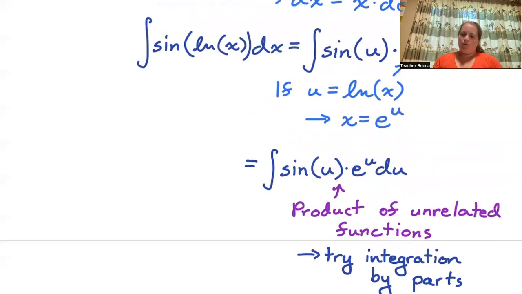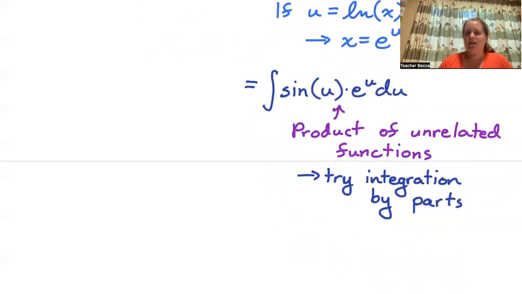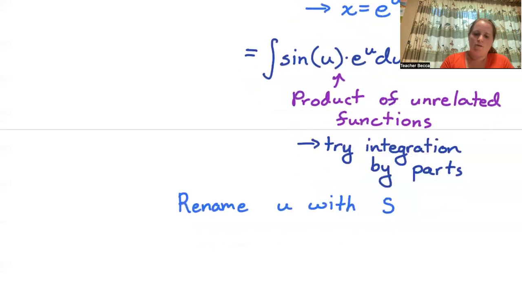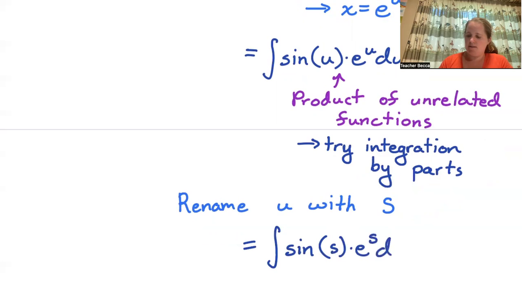So I'm actually going to go through and rename our variables, not with u, since we already do u and dv, and that will get confusing. So let's rename u with, let's do s. So we are looking at the integral of sine of s times e to the s ds.